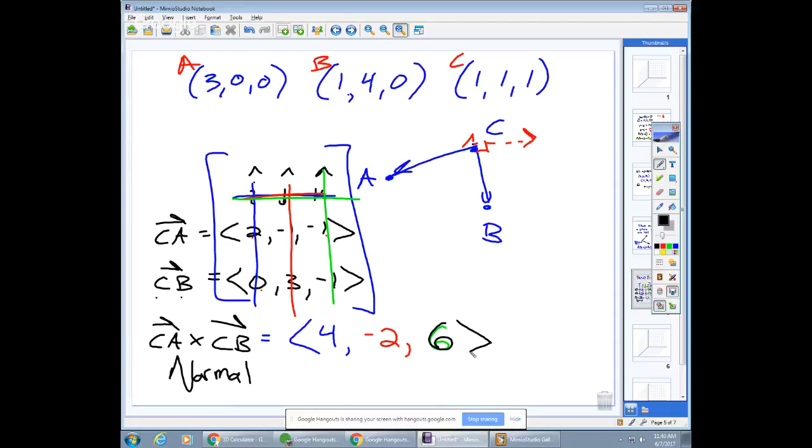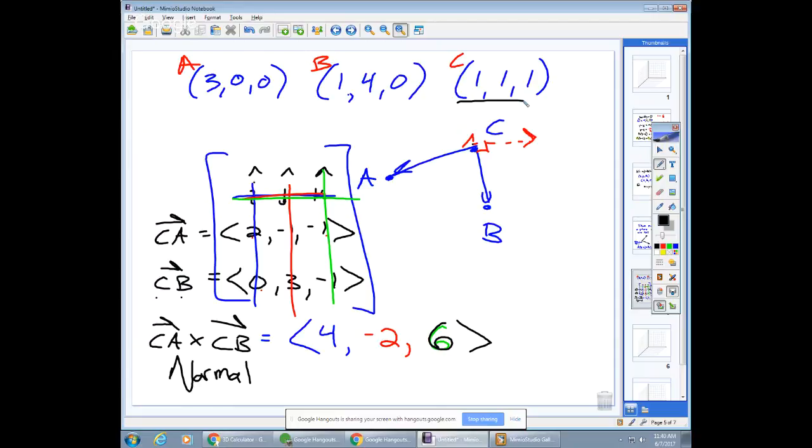Okay. So according to the theory, in order to turn the normal vector into a plane through these other vectors or points, I have to use the a, b, and c and then pick an initial point. I'm going to pick C as my initial point. It's kind of nice and easy.